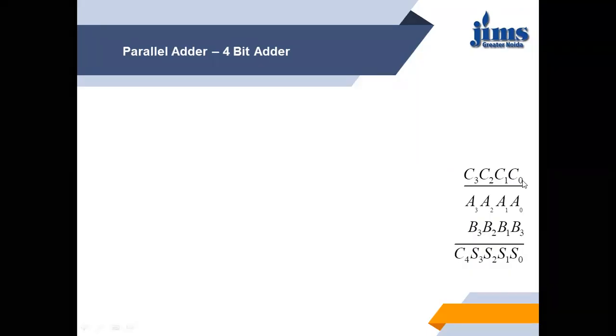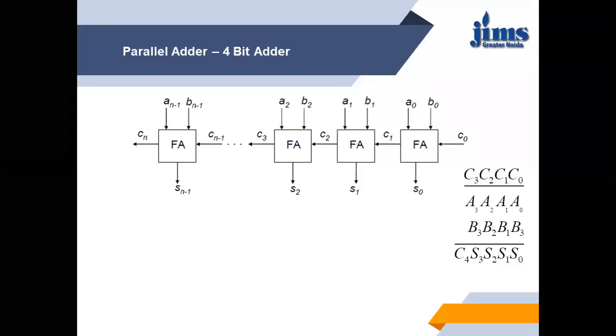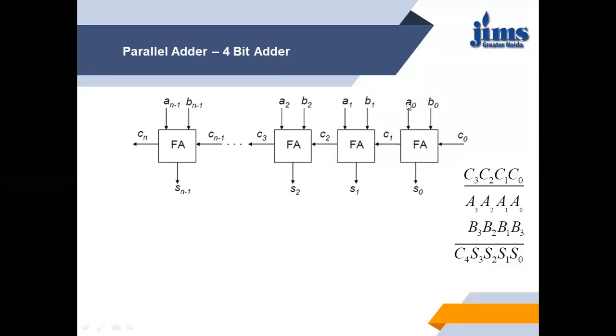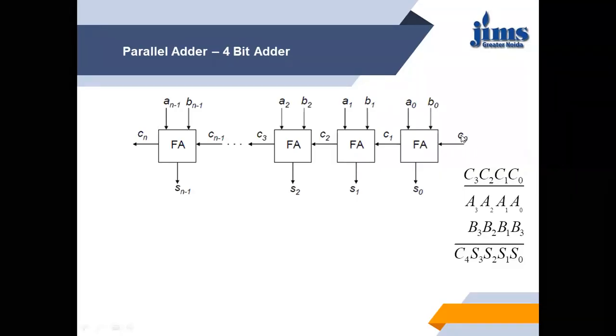Now this is our design. In this case, I may use four full adders. The first full adder adds A0, B0, and C0, the input carry, which is initially 0.